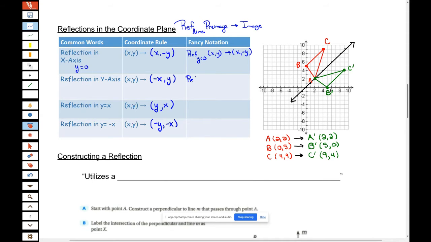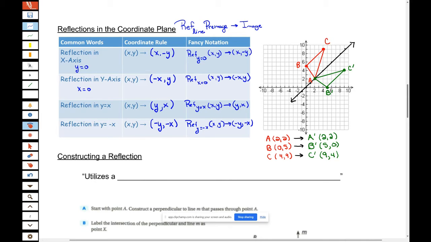And we're just going to write that notation for the other ones. Last one. Okay, so there's our reflection rules.